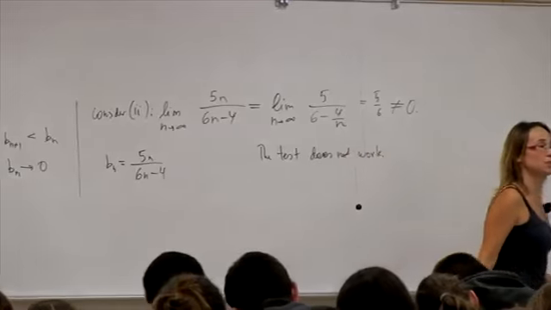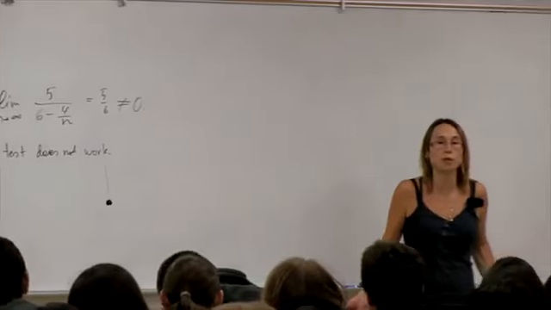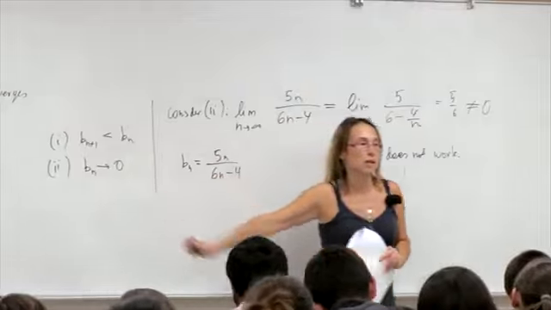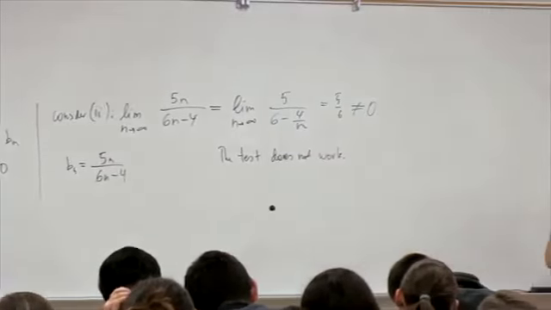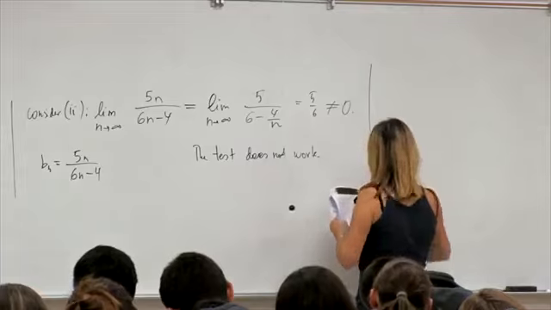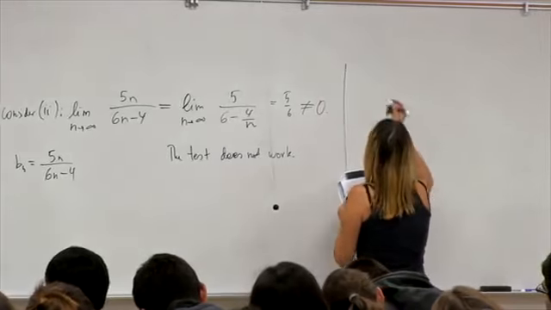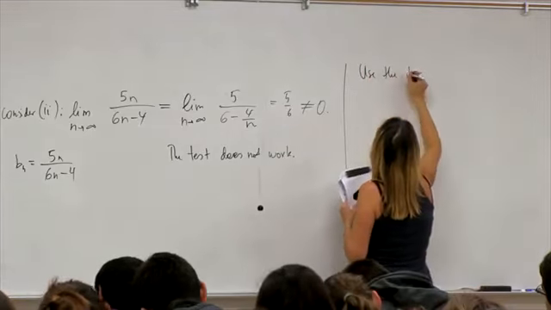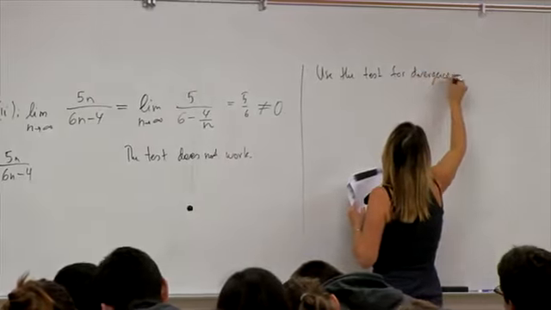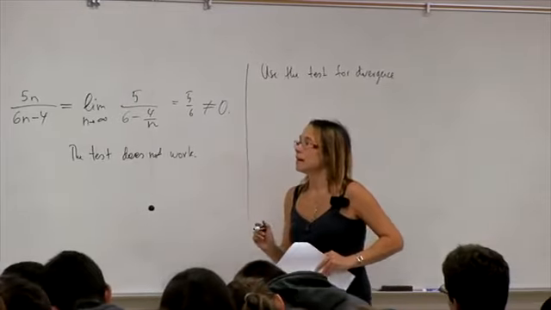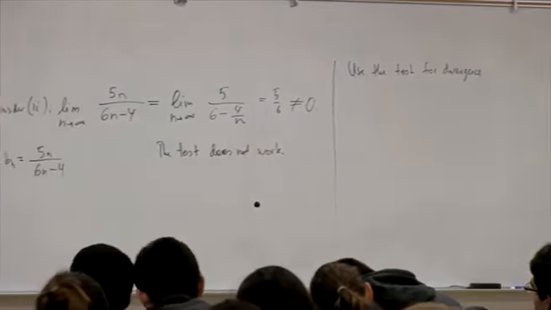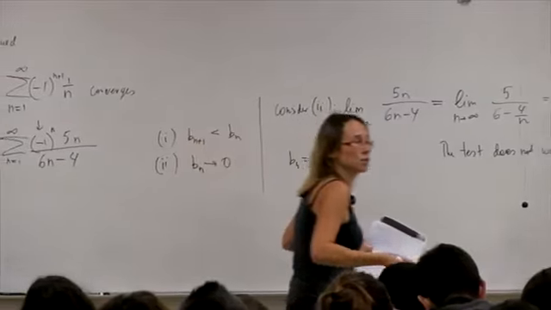So does it converge or does it diverge? If the test doesn't work, then we cannot really conclude anything, because for it to work, we need both conditions to be satisfied. So we need more tests to assess the convergence of this particular series. We are going to use the test for divergence. Remember, if the limit of a n as n goes to infinity is not equal to 0, then for sure the series is going to diverge.